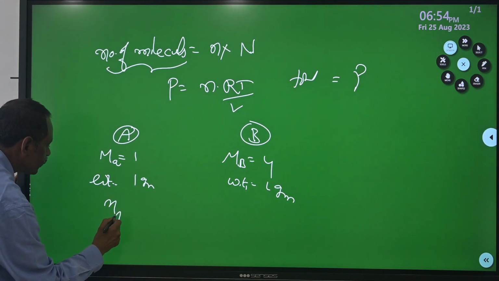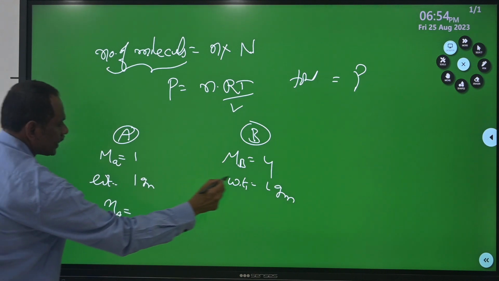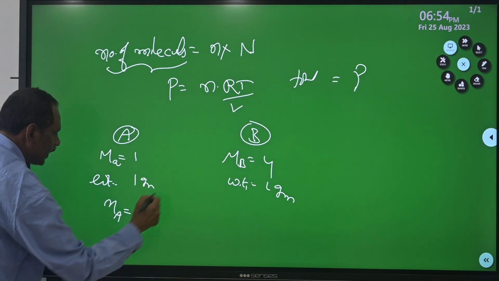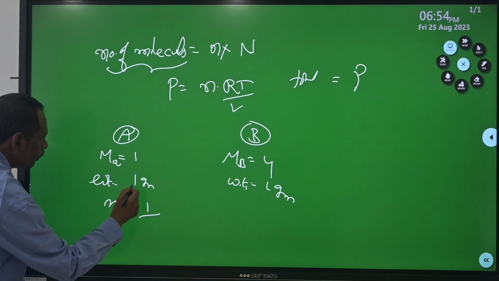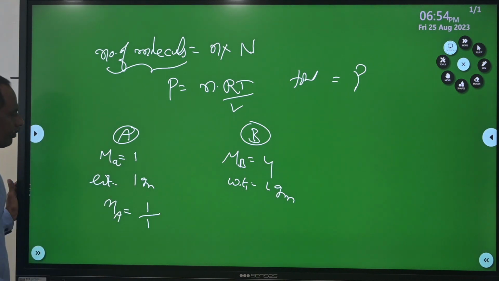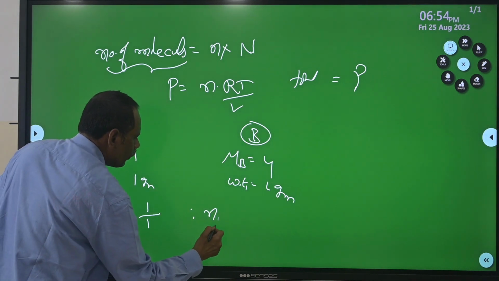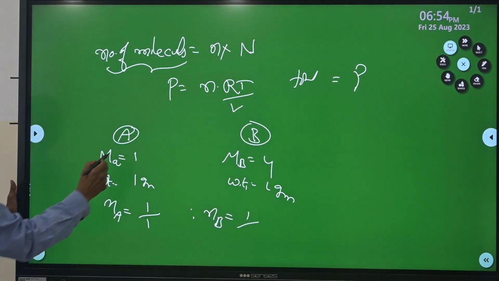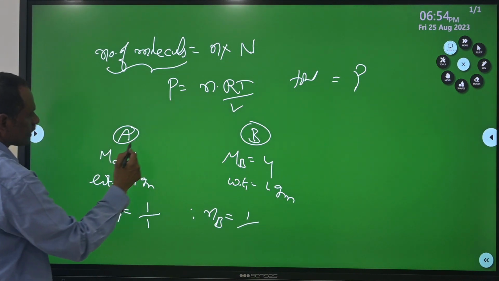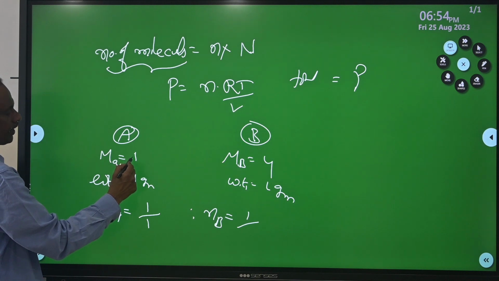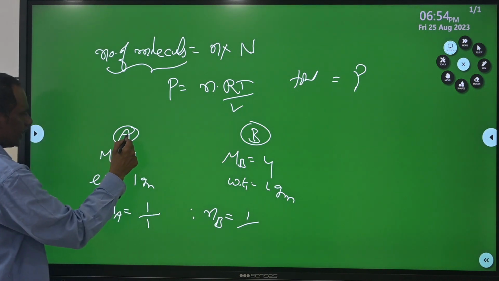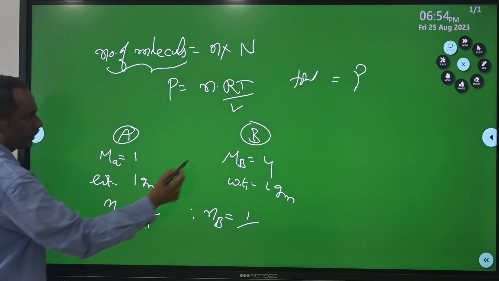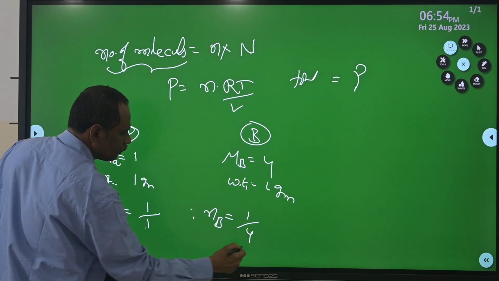Because equal weights are taken, let's take 1 gram of A, with molecular weight 1. For B, the weight is 1 gram because equal masses, but its molecular weight is 4, because their molecular weights are in the ratio of 1:4. So the molecular weight of A is taken as 1. Therefore, the molecular weight of B is 4.